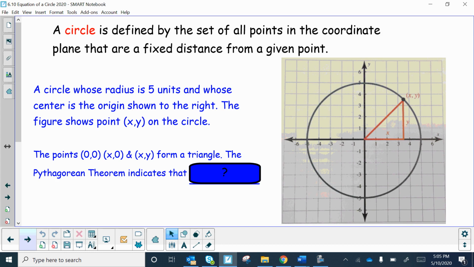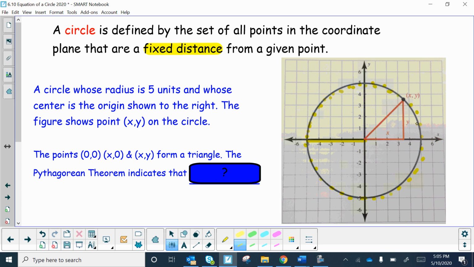Okay, so let's recall what a circle is. It's defined by the set of all points in the coordinate plane that are a fixed distance, and that fixed distance is the radius. For example here, that radius is going to be the same distance all the way around.